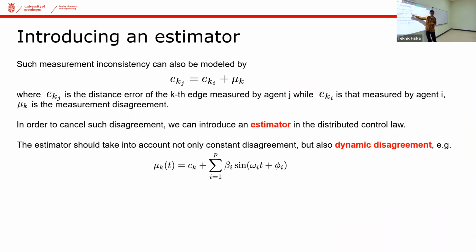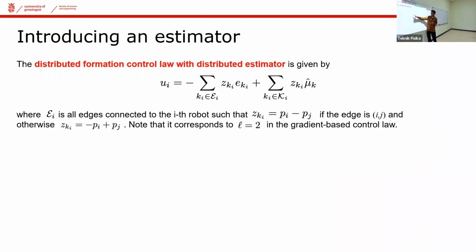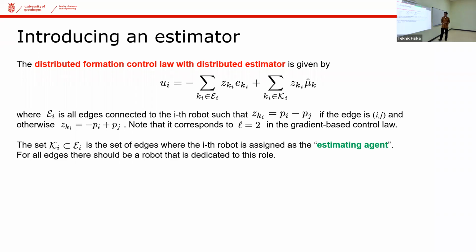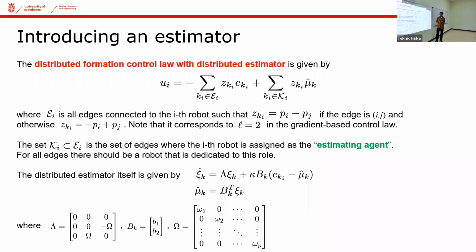You have something that is kind of like an error or disturbance, and by having the estimator, this one will cancel the mu k that was shown before. For that, what we need to do is that for every pair of edge, there is one agent that we assign as an estimating agent, and that agent is the one that is trying to cancel the bad mu k as has been shown in the previous slides.